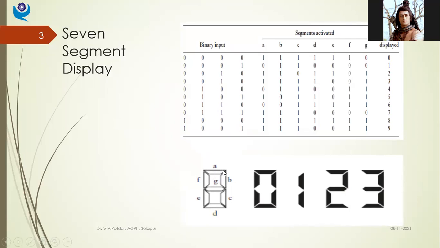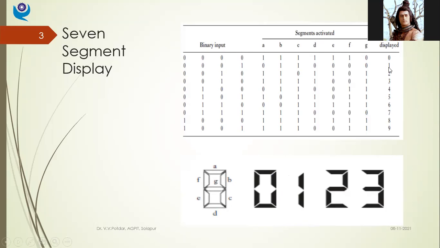So this is a typical liquid crystal display, right? So A, one segment, B, second, third, fourth, fifth, sixth, and seventh, G, seventh, right? And the binary output, let us just see how the numbers are indicated. As I told you, there are 7 segments. Out of these 7 segments, if particular segments are energized, I'll be getting a typical display.